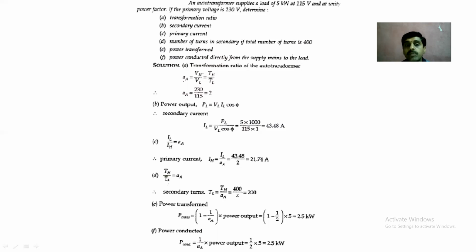Therefore IH/IL is equal to A, and we can get the secondary terms because low voltage is secondary, high voltage is primary here. Therefore power transferred formula is 1 minus 1/A, that is 1 minus K, times power output. What is the power transferred conductively? K times power output. So this problem we have already seen.